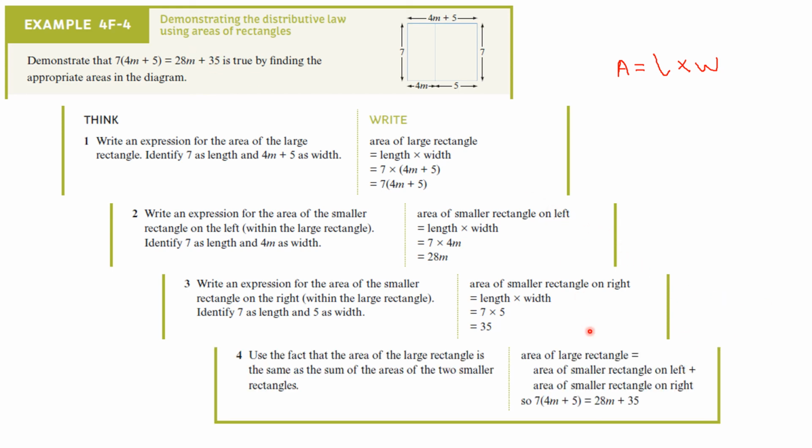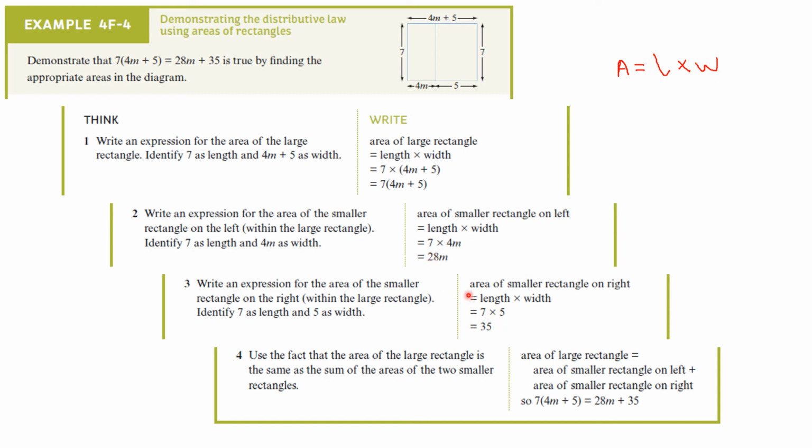So now if we're going to prove that that is a true statement, the area of this large rectangle, okay, which we know is this one here, it must be these two smaller rectangles added together. Okay, so I've just written in words, area of the small rectangle on the left plus the area of the small rectangle on the right.